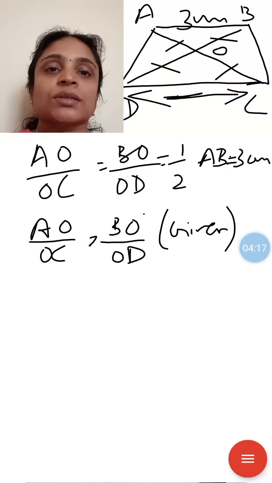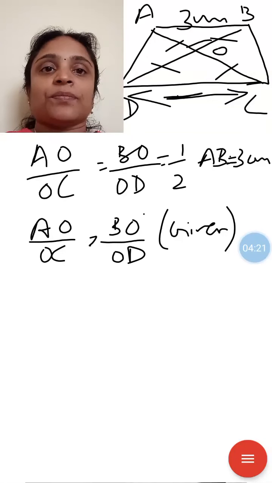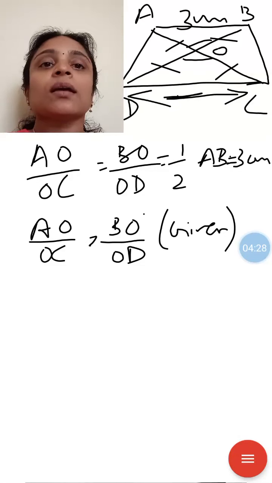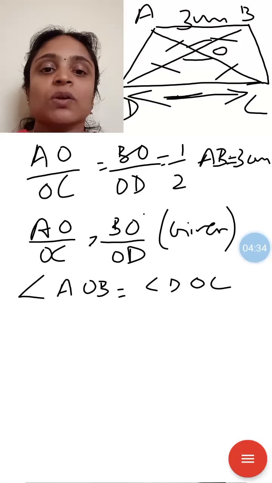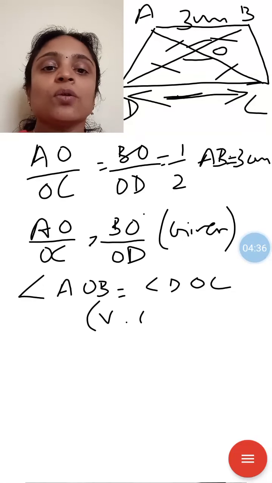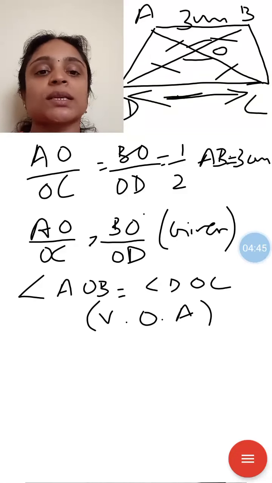And this angle AOB and angle DOC are equal, because they are vertically opposite angles. You have to write this in full, vertically opposite angles. Angle AOB and angle DOC are equal because they are vertically opposite angles.